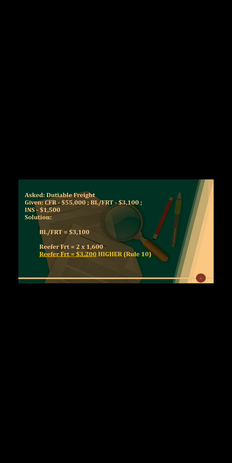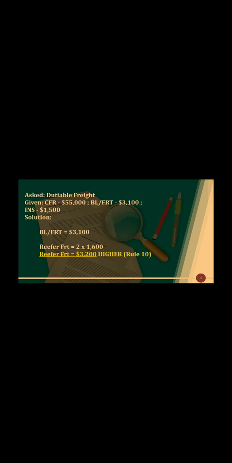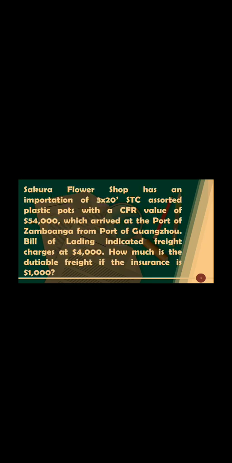Since this is 2x40 STC frozen tuna from Hong Kong, that would be multiplied by 2. So 2 times 1,600 is equal to the rougher freight, which is $3,200. Whichever is higher, we go to the rougher freight, which is $3,200. That falls under rule number 10.